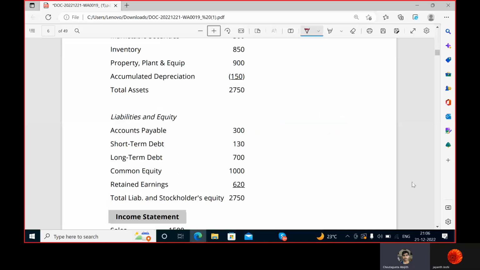We need to find ROE, no? Yes. So ROE is net income by total equity. And total equity, Abhijit, this is the asset side, liability side.